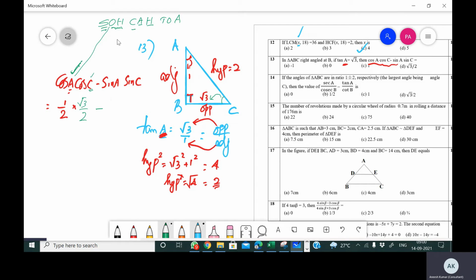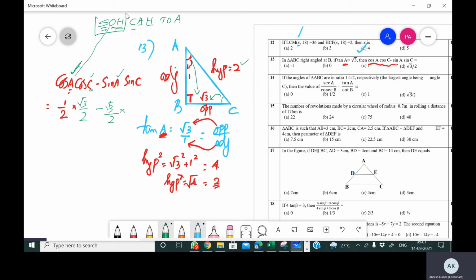Minus sine A. Sine means opposite by hypotenuse based on the reference angle A. Reference angle A is there, so its opposite is root 3 and hypotenuse is steady all the time, it is 2. Into sine C. Sine means opposite by hypotenuse.